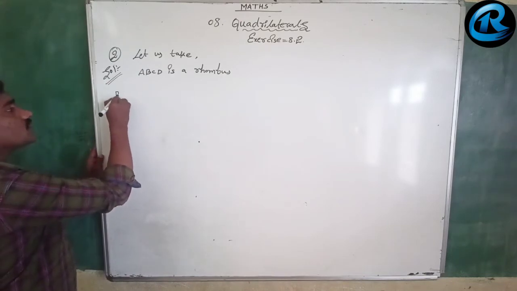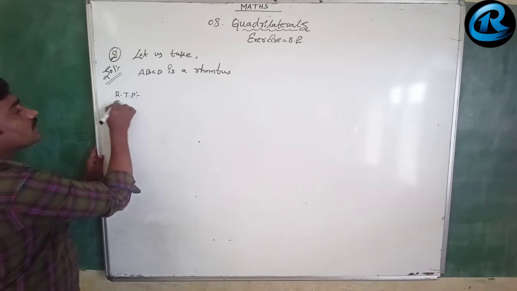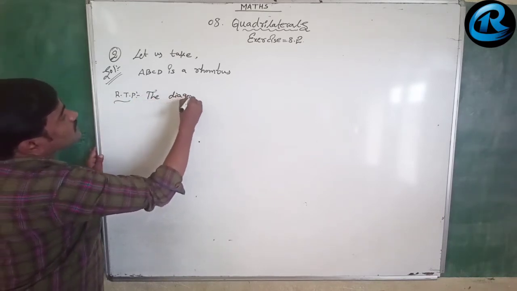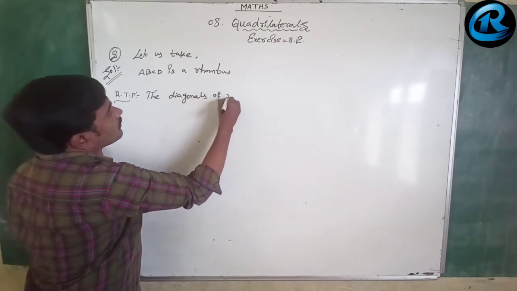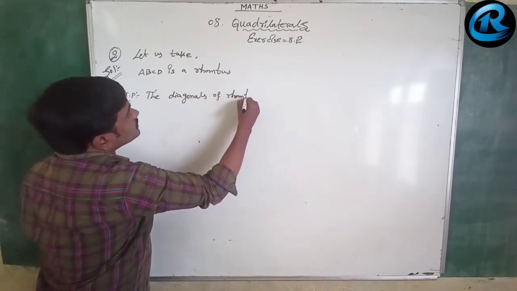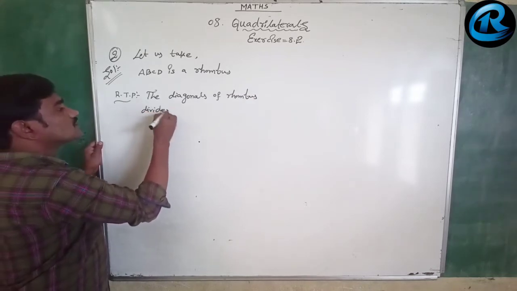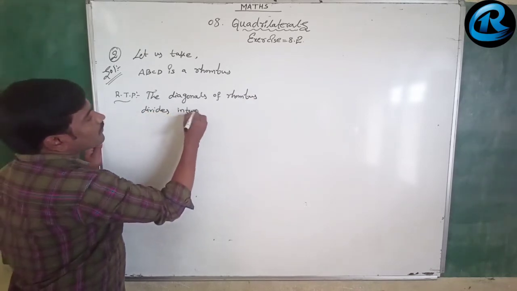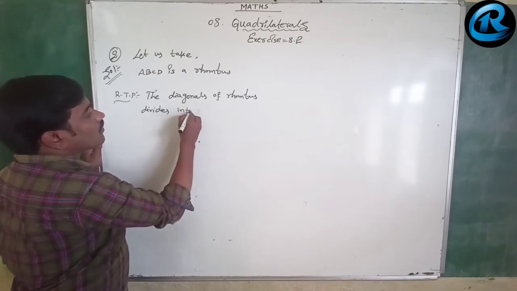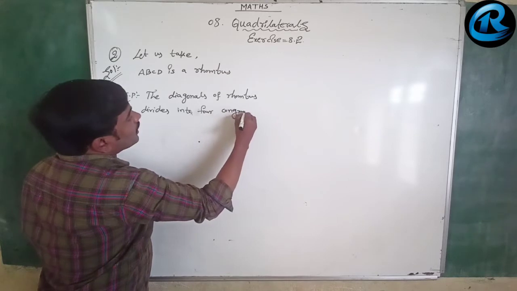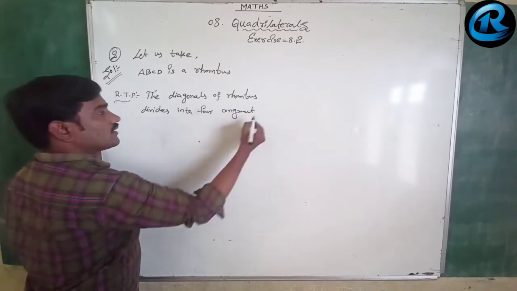What we have to show here? RTP: the diagonals of a rhombus divide it into four congruent triangles.